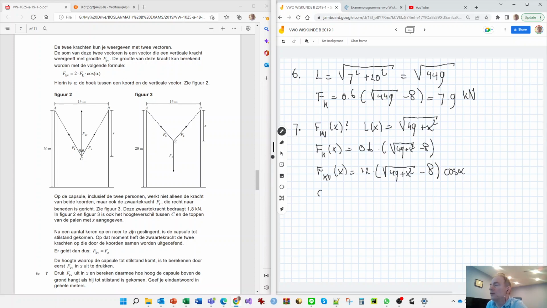So cosine of alpha is x divided by L. So it's x divided by square root of 49 plus x squared.